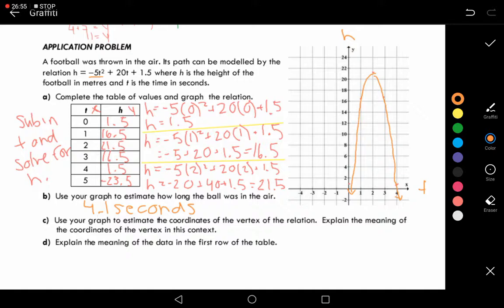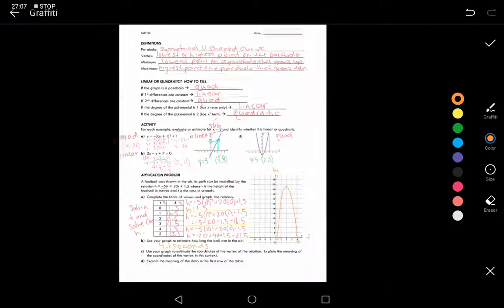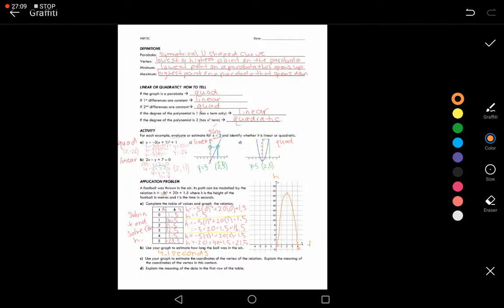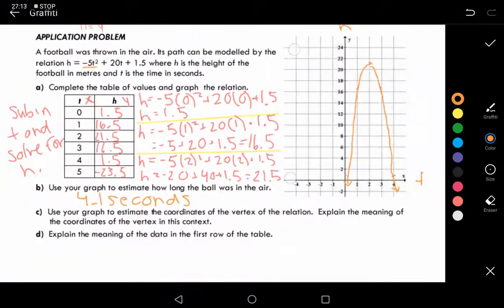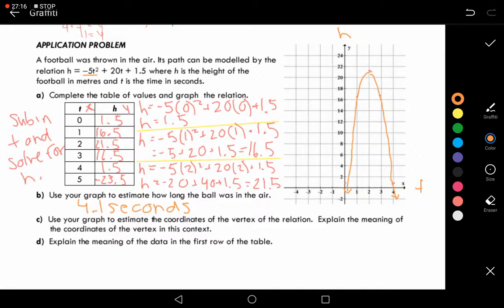Okay, part C says use the graph to estimate the coordinates of the vertex of the relation. Explain the meaning of the coordinates of the vertex in this context. So remember, going back to our definition, which is at the top here, the vertex is the lowest or highest point on the parabola. Okay, so we can see the highest point on our parabola occurs right here, right?